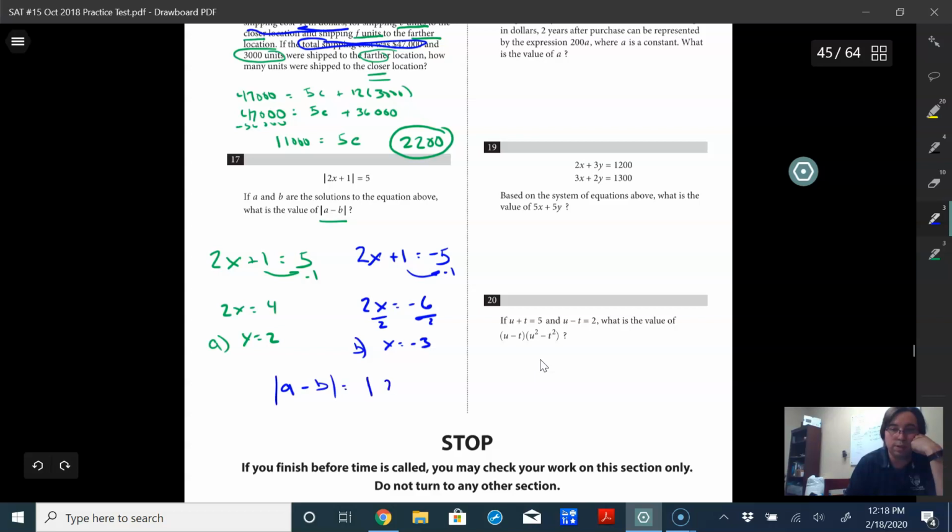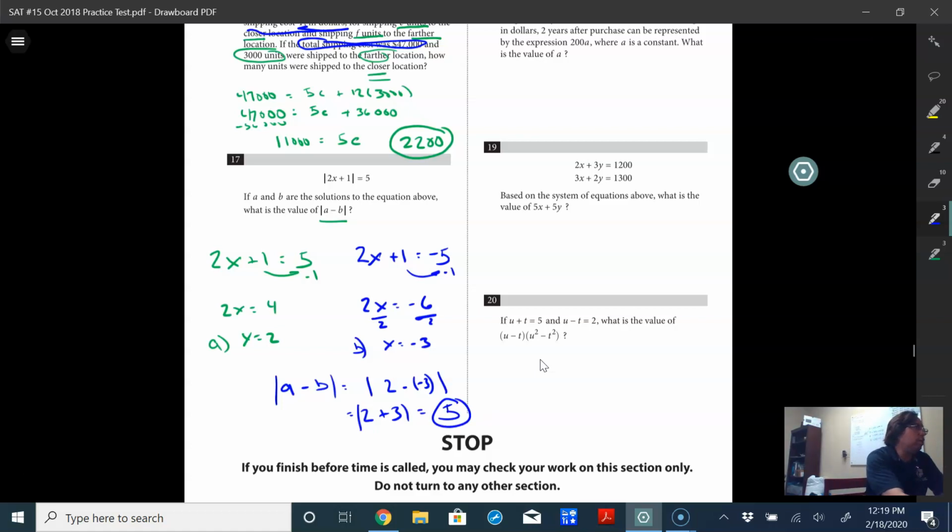So that's going to be the absolute value of 2 minus negative 3. So then that's going to give me 2 plus 3 as the absolute value, which is going to give me the answer choice of 5. And so number 17 is 5.